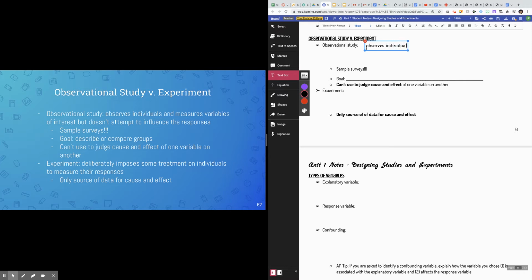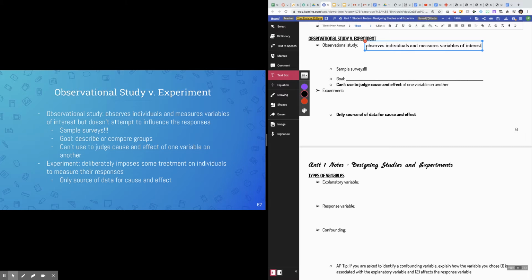Okay, so the definition of an observational study is that in an observational study, you observe individuals and measure variables of interest. Right, so typically that's like an opinion on something, or maybe you're measuring something specific about a particular subject.